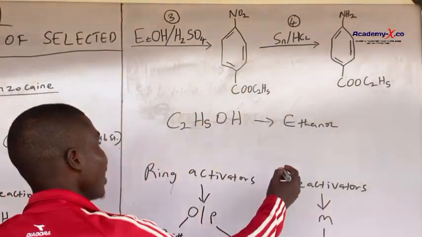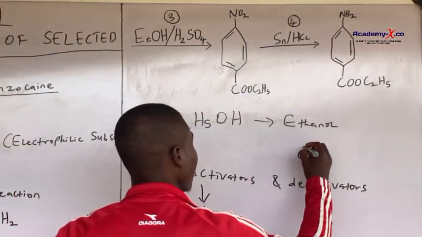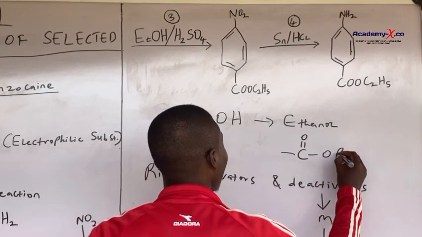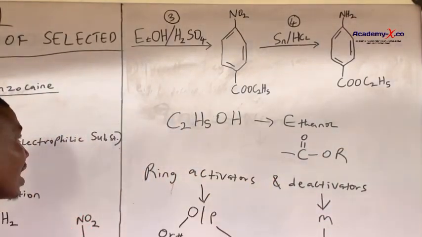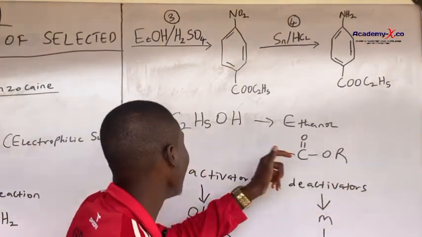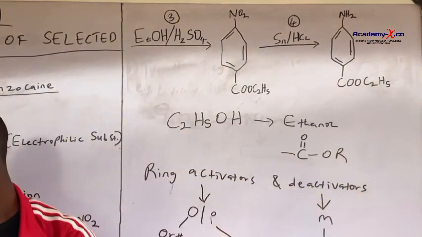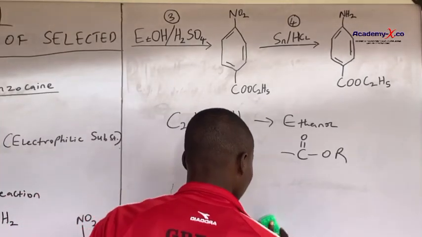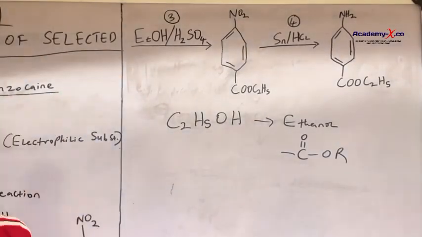Remember, what is the structure of the ester? We said that the ester is, we have our O, then we have our O, and then we have our R. So the R is the alkyl group, and in this situation, the alkyl group is coming from the alcohol. Let me run you through a very quick equation that will help you understand what I'm talking about.